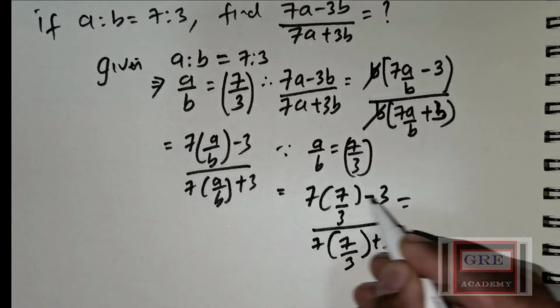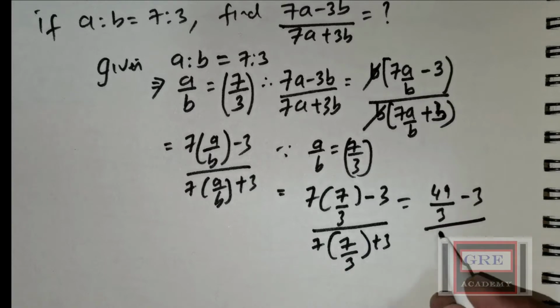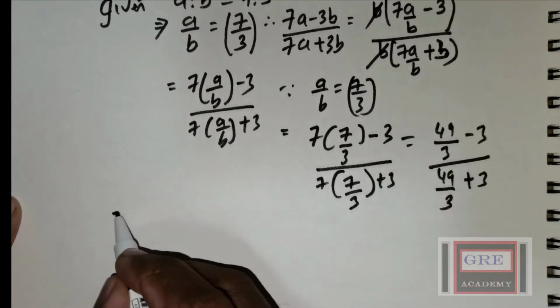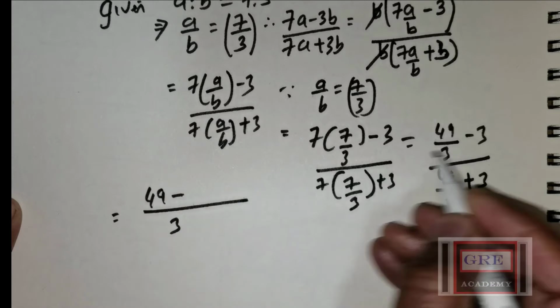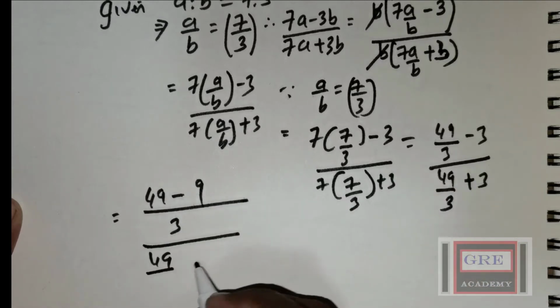This is going to be (49 divided by 3 − 3) divided by (49 divided by 3 + 3). Now I can take 3 to be the LCM, so that would mean I will have (49 − 9) divided by 3 over (49 + 9) divided by 3.